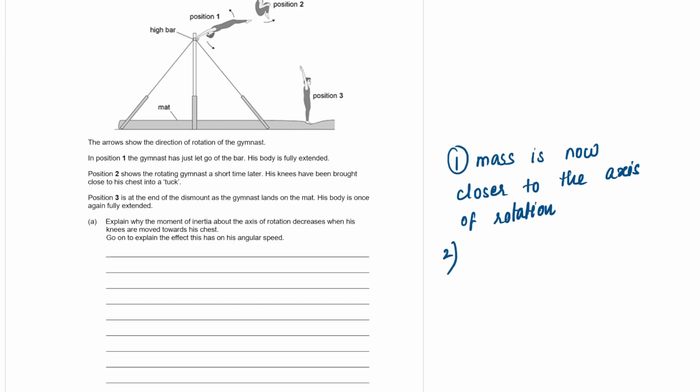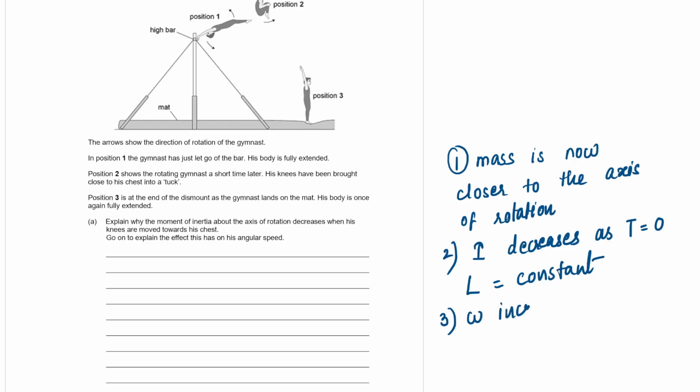Because mass is now closer to the axis of rotation, I decreases. And because there is no external torque, as torque is 0, you write in full words, angular momentum L remains constant, therefore omega increases.